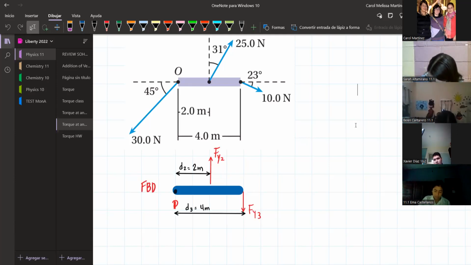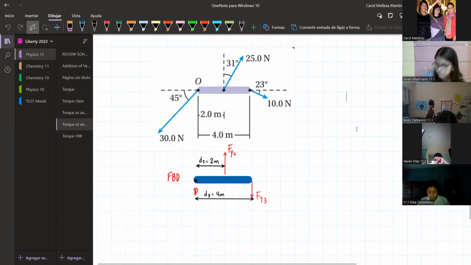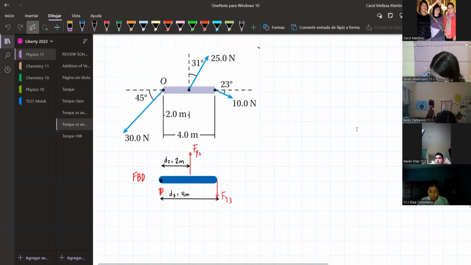I don't know the values of the forces yet. Okay, so I need to get them. Since the two of them are already forces, take a look. They are not masses. So I don't need to get the forces because those forces are already in Newton.